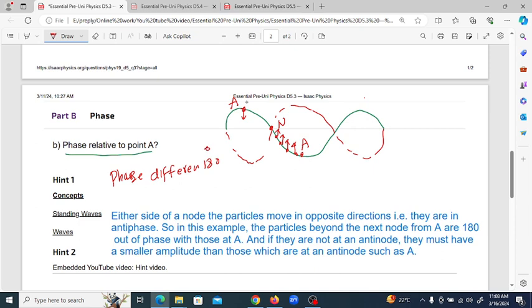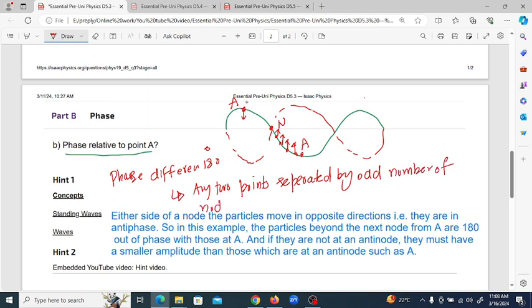Always remember this rule: any two points separated by an odd number of nodes have a phase difference of 180, meaning they are in anti-phase.